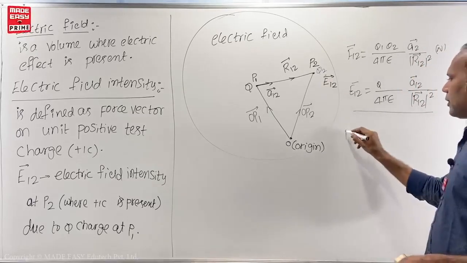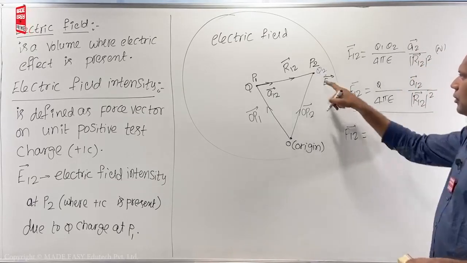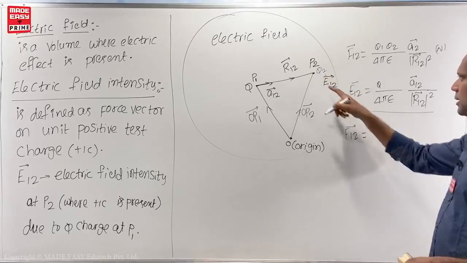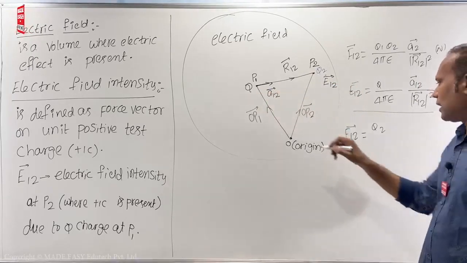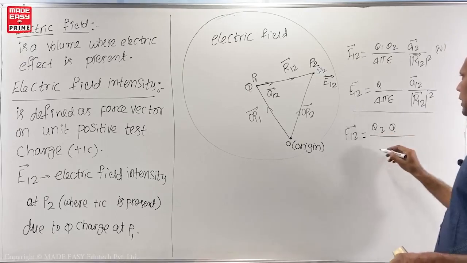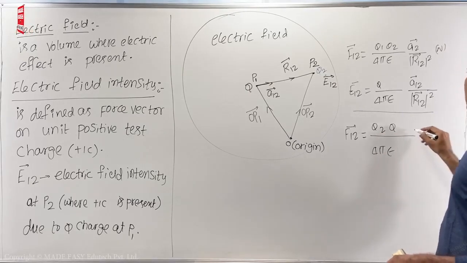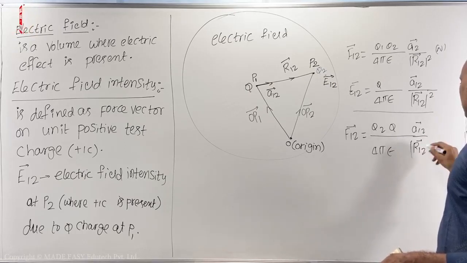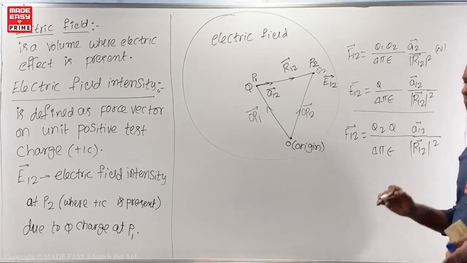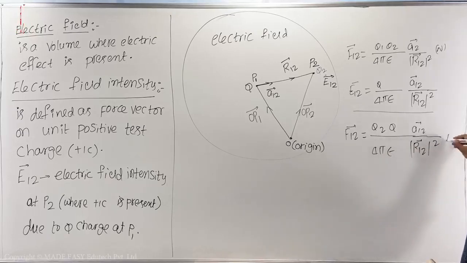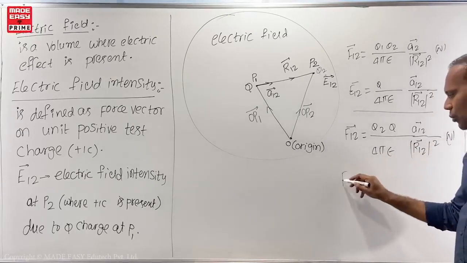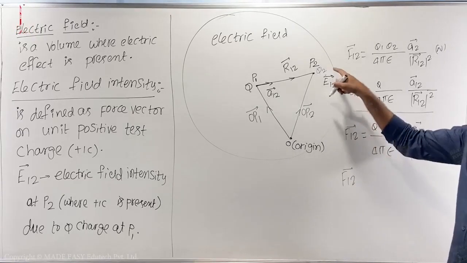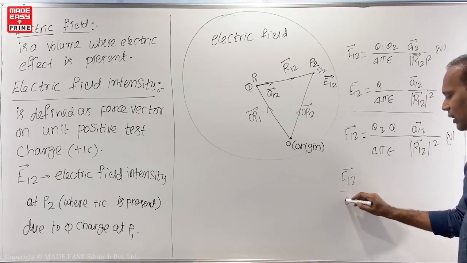Then F12 bar is equal to the force on Q2 charge due to Q1. In place of Q1, Q is there, so divided by 4 pi epsilon and A12 bar divided by modulus of R12 whole square, students. Now actually this is in Newtons. Now what do we do? How much force is there on unit charge means divide with Q2.